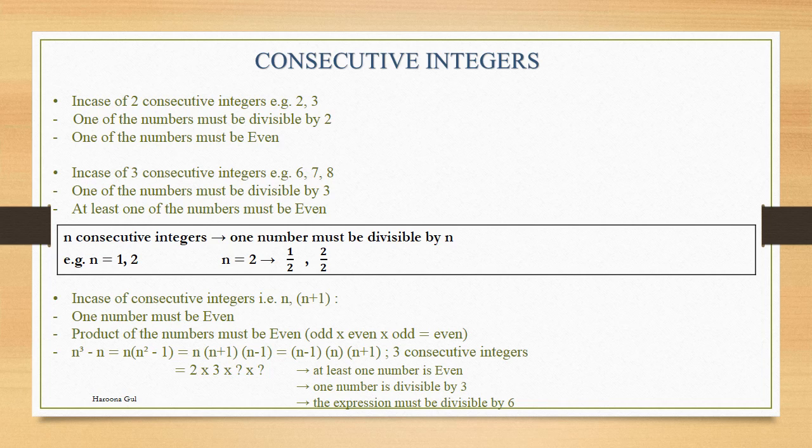Now, if we have two consecutive integers, that is 2, 3, 10, 11, 15, 16, 98, 99, one of the numbers must be divisible by 2 and one of the numbers must be even. In case of three consecutive integers like 6, 7, 8, one of the numbers must be divisible by 3 and at least one of the numbers must be even.